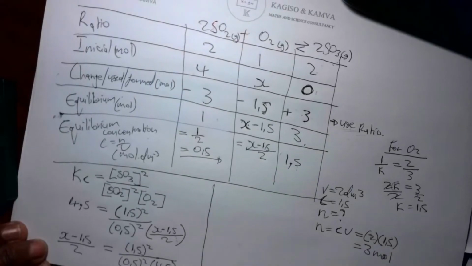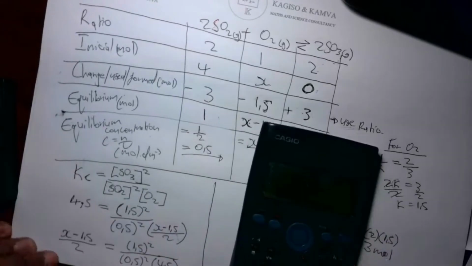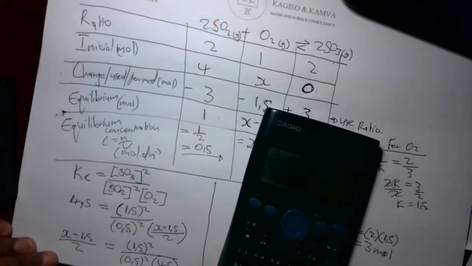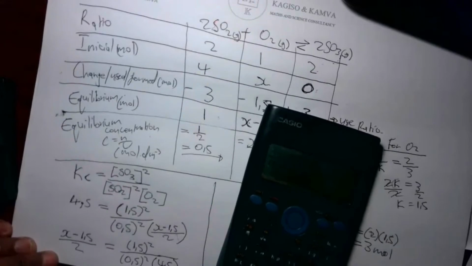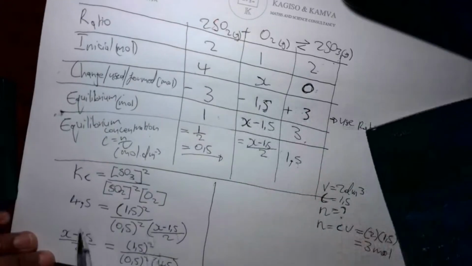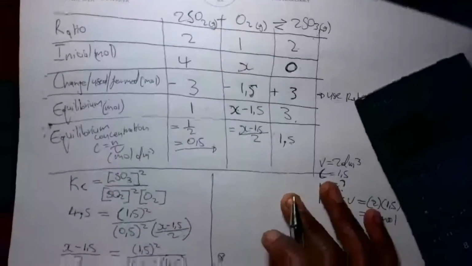Okay, so I'm just going to punch everything here in the calculator. I'm going to have 1,5 squared, 0,5 squared, and 4,5. Okay, so I'm getting 2. The answer is 2. So now I'm going to continue with these calculations on the side.